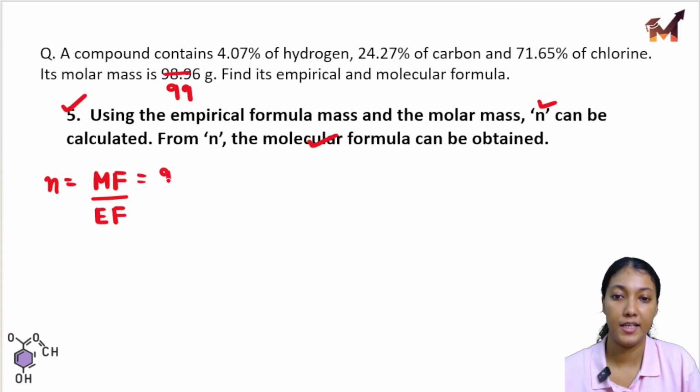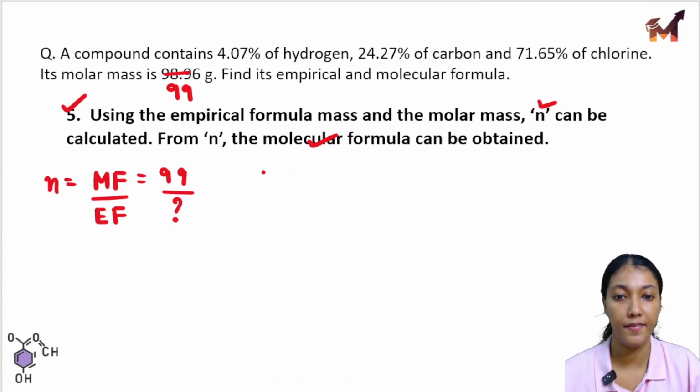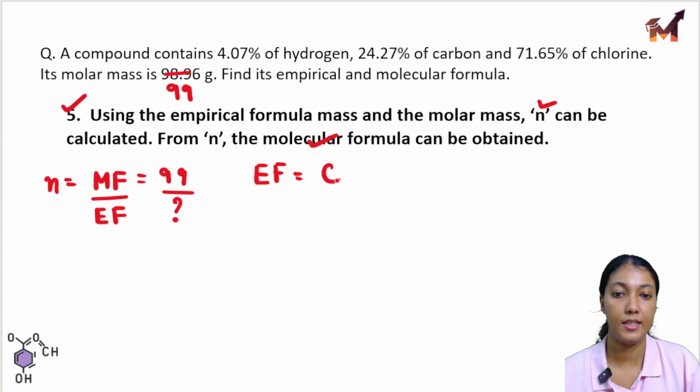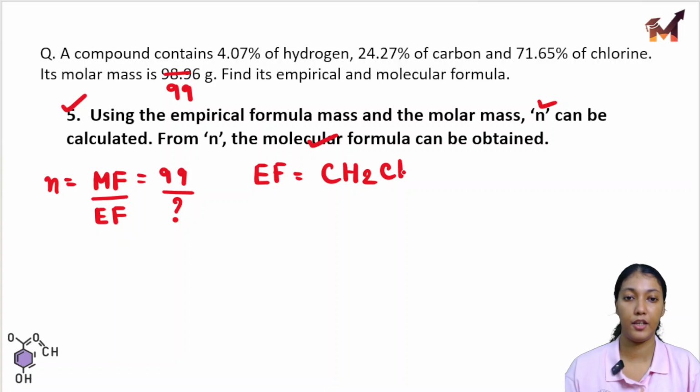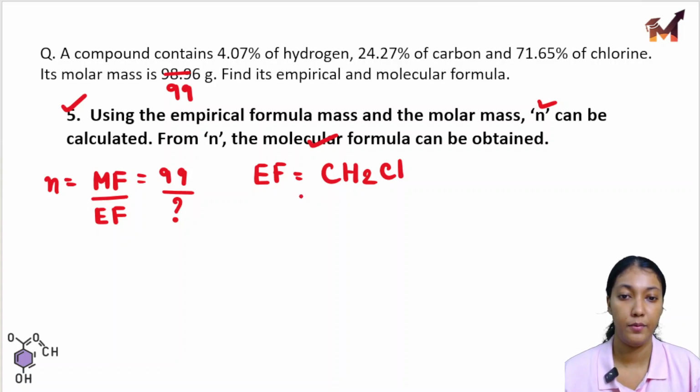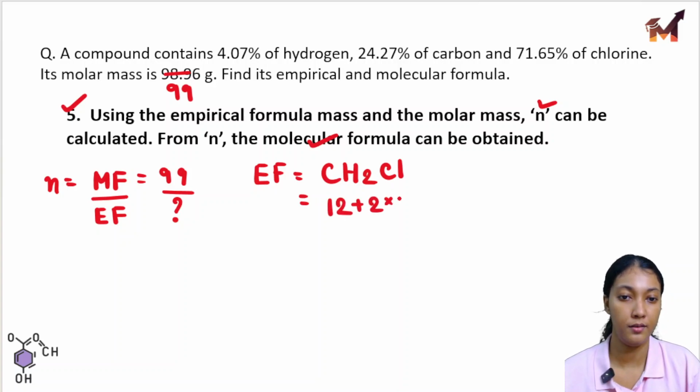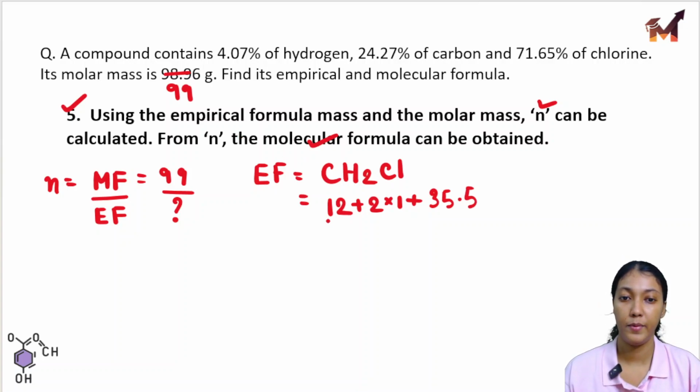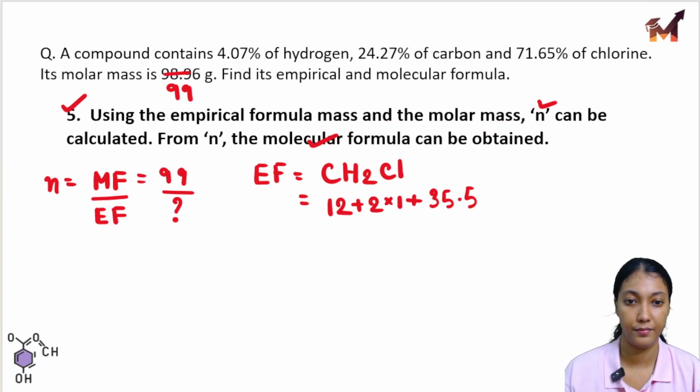तो ये है हमारा 99. But what is this? So let us find out. Very simple. Our formula was CH2Cl. So it will be 12 plus 2 into 1 plus 35.5. एक कार्बन के लिए 12, दो हाइड्रोजन के लिए 2 into 1 और एक क्लोरीन के लिए 35.5.